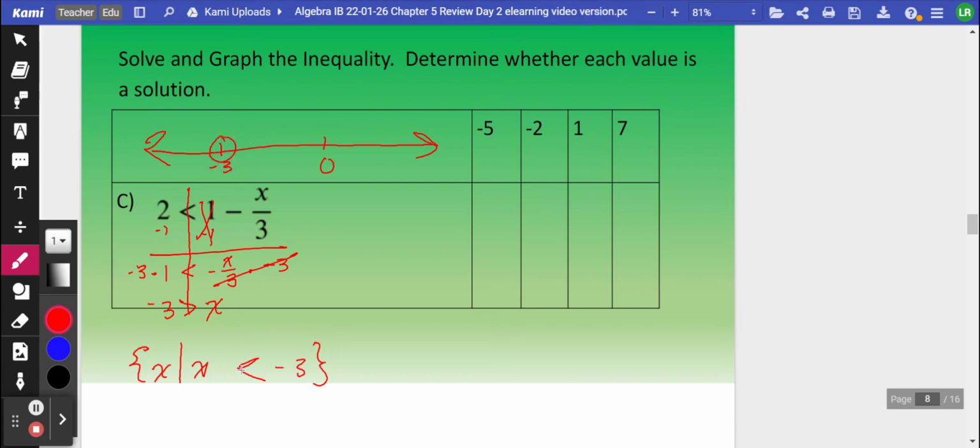And this is pointing left. So I would shade left. Again, if you do not rearrange it, you could have had the correct answer, but shaded the wrong direction. The x has to be in set notation with the x on the left for you to do your graphing. Now, which of these is solutions? The only one that's in the shaded area is negative 5. All the rest of these are no.